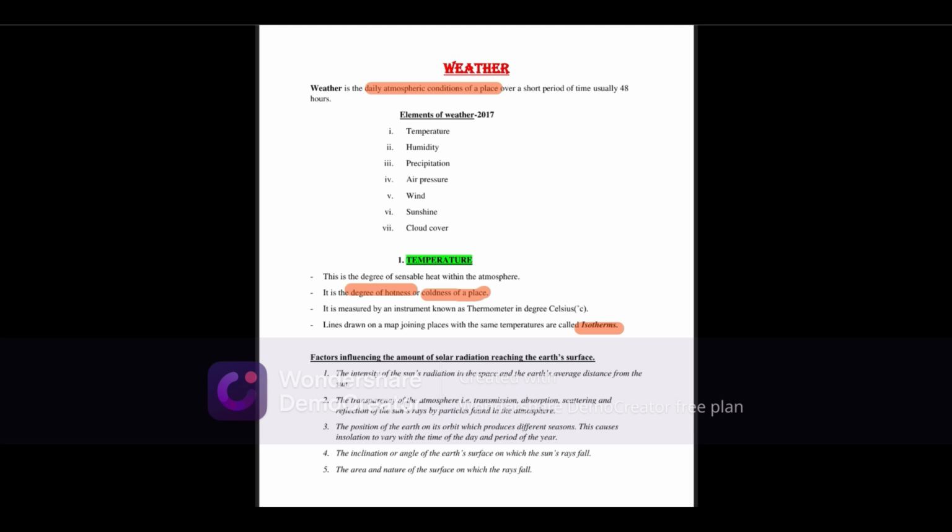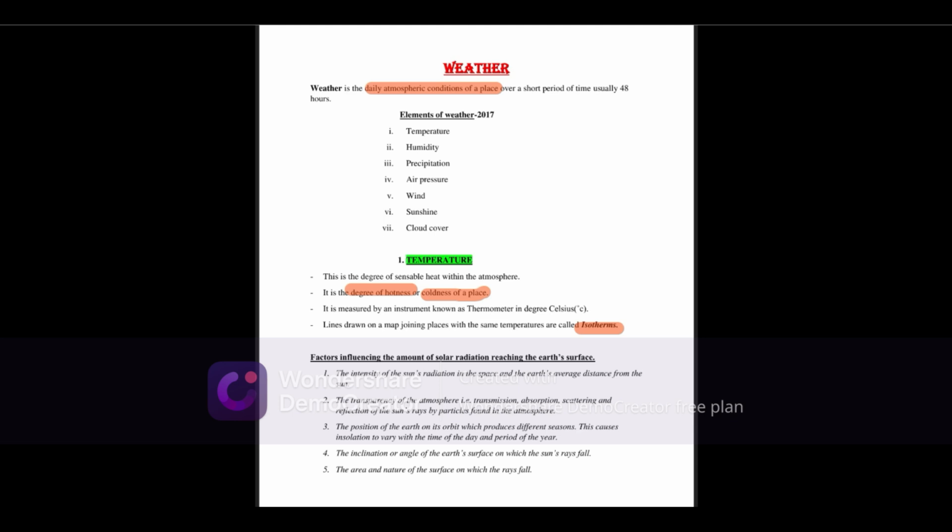So the distance between the Earth and the sun will influence the amount of sunshine radiated on the Earth's surface, or the intensity of the sun's radiation. It may vary depending on other factors like cloud cover and so on.